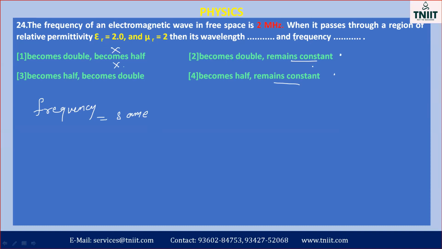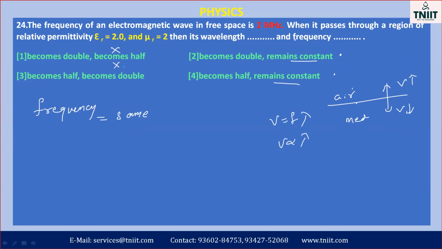Now whenever it passes through another medium, what happens to its wavelength? You know that whenever a ray of light passes from air to another medium, its velocity decreases. In air the velocity is more. You know that V is equal to F lambda, so V is directly proportional to lambda.